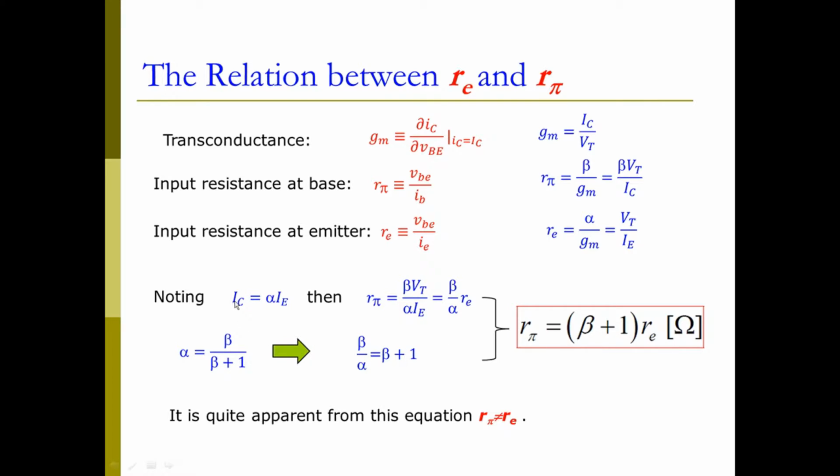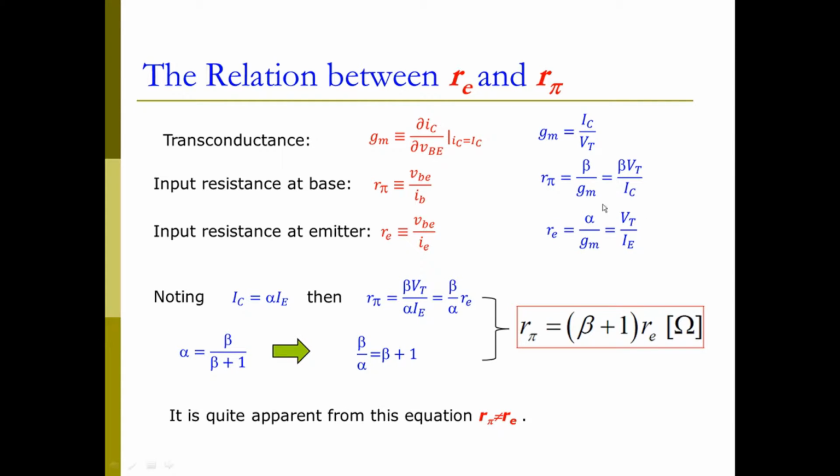Now we know RC and RE differ by a factor of alpha here. Alpha is a value close to 1 but less than 1. Now our R pi will equal beta VT divided by alpha IE, right? Because I replace the IC by IE times this alpha. Now VT divided by IE actually is our RE, right?